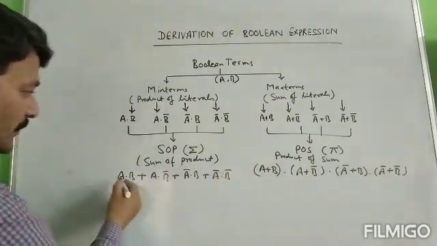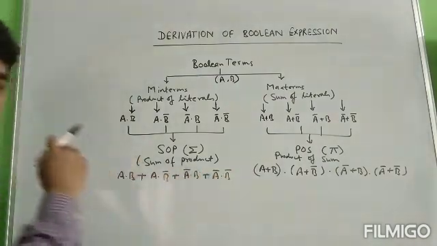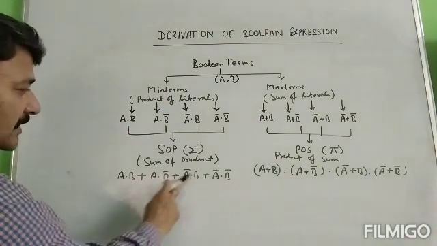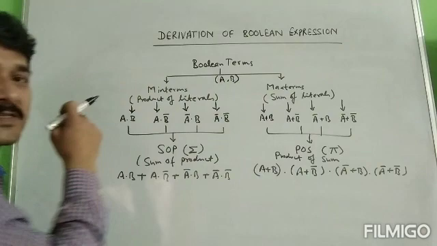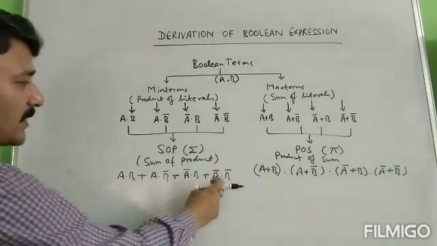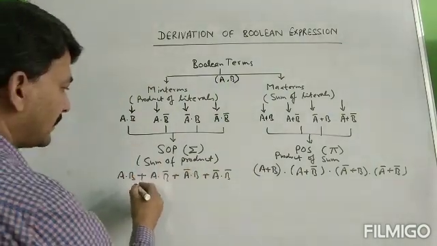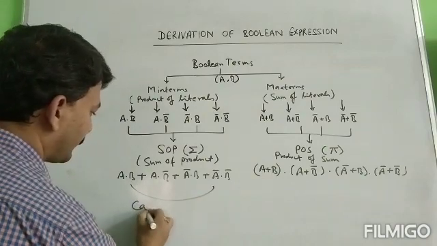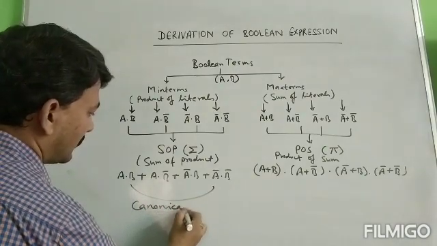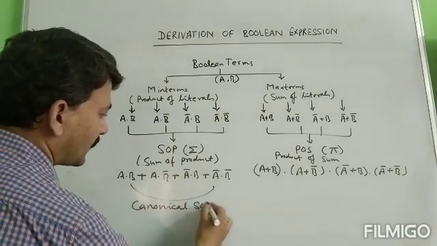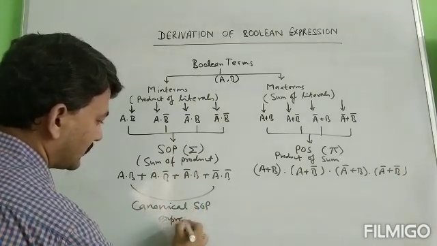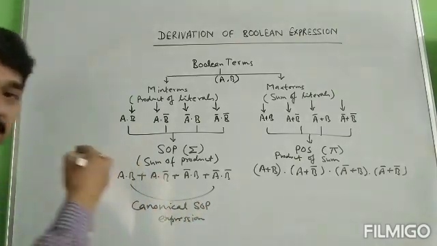In this SOP expression there are 4 terms, and in all 4 terms both the literals are present: AB, AB naught, A naught B, A naught B naught. Such an expression is called a canonical SOP expression.